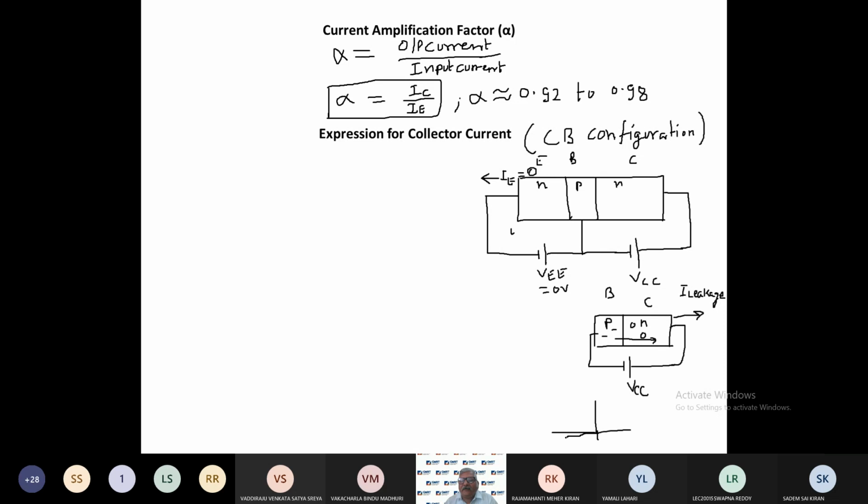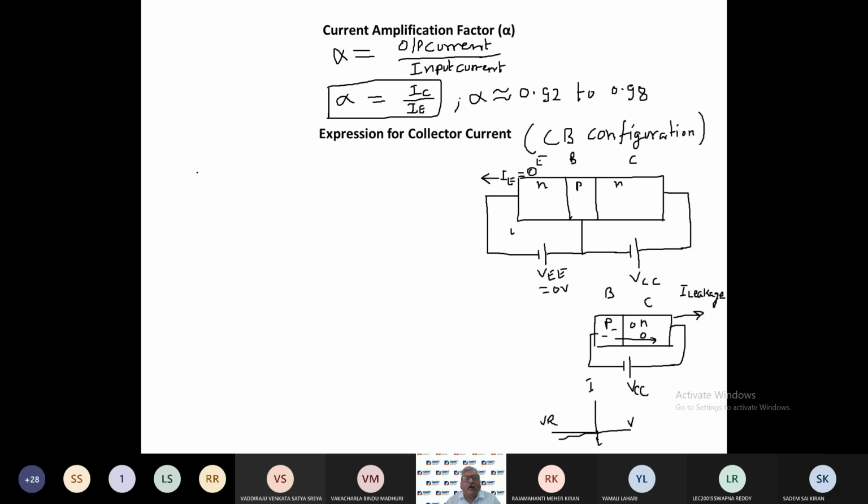This type of leakage current is there in the reverse bias condition. This is VI, this is VR, reverse bias. So a very small current is flowing under reverse bias condition in a normal PN junction diode, and that is the leakage current due to the minority carriers. So you find here the leakage current is there.